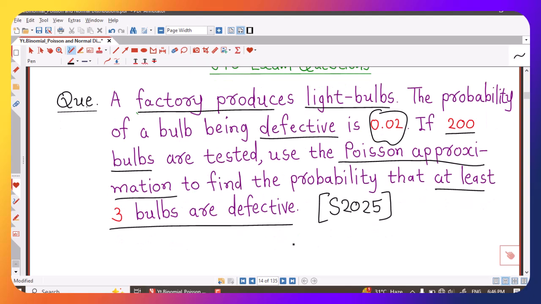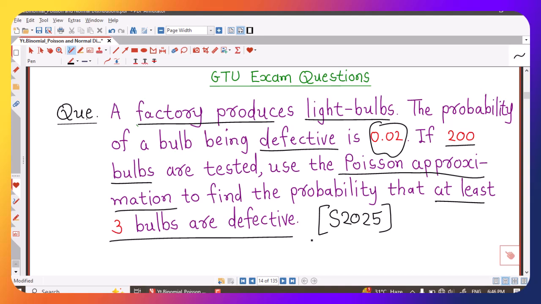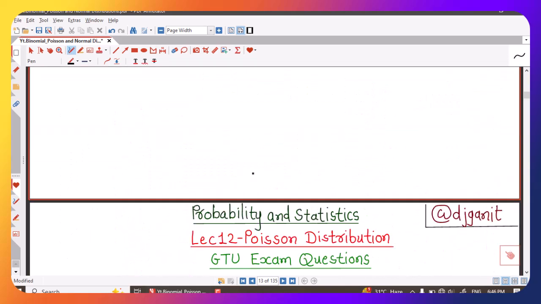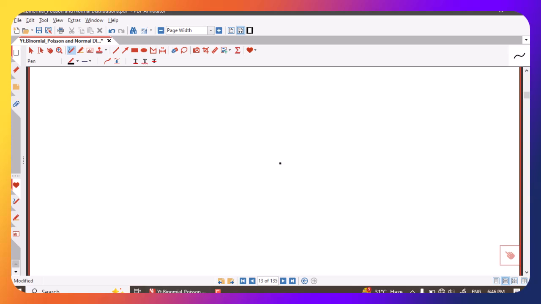So first we define the random variable, and then we see whether our random variable is a binomial random variable or not. And we know that in binomial random variable, if number of trials are large and probability of success is very small, then we can use Poisson distribution to approximate binomial distribution.